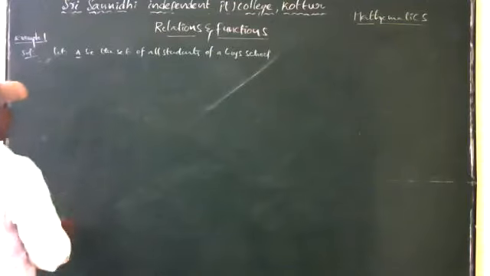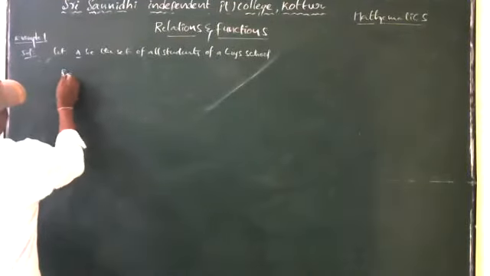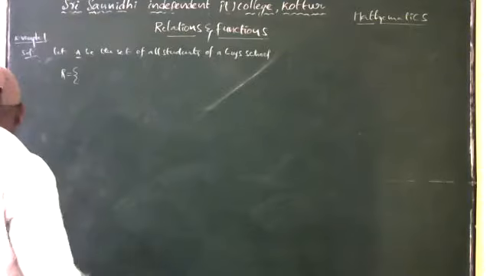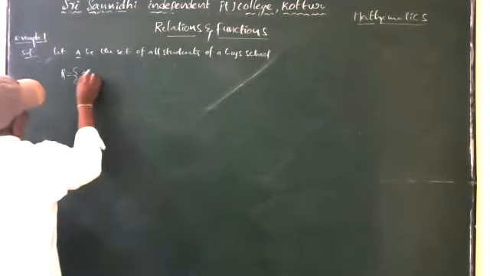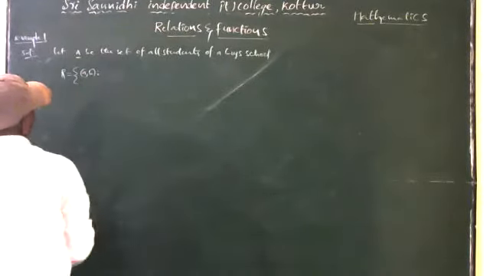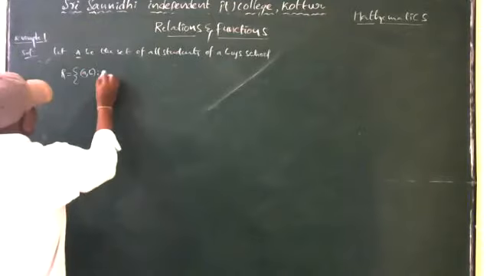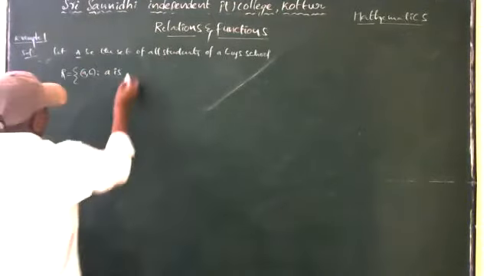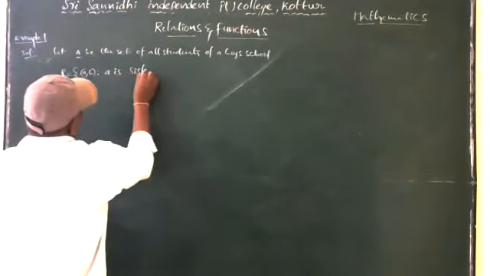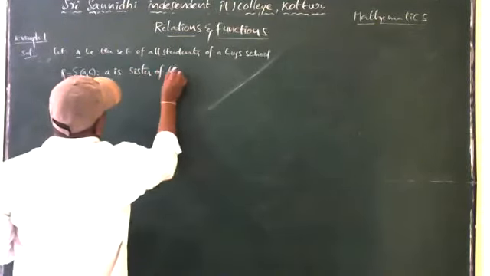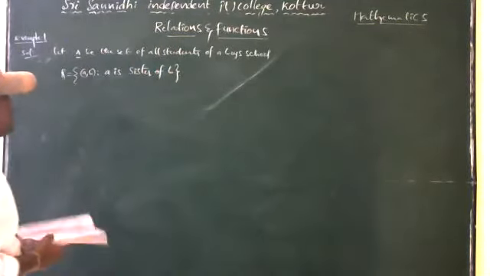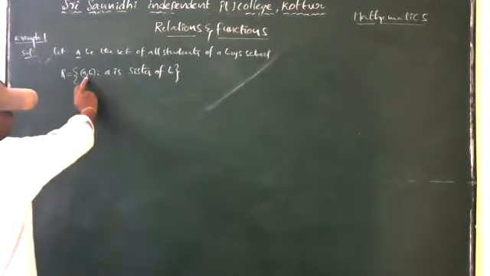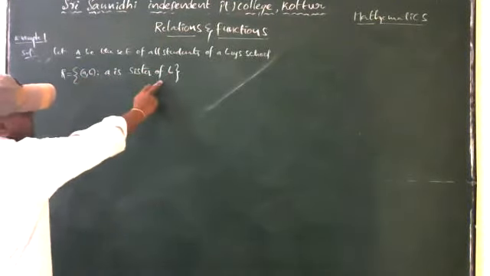But here they are asking the relation. Relation in the first case: (a, b) such that a is sister of b. So here they define the relation (a, b) such that a is sister of b.